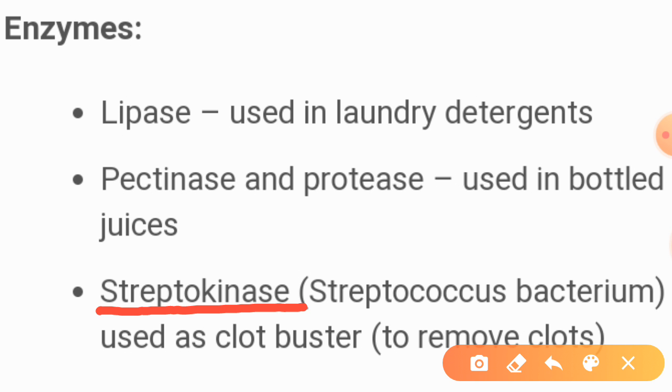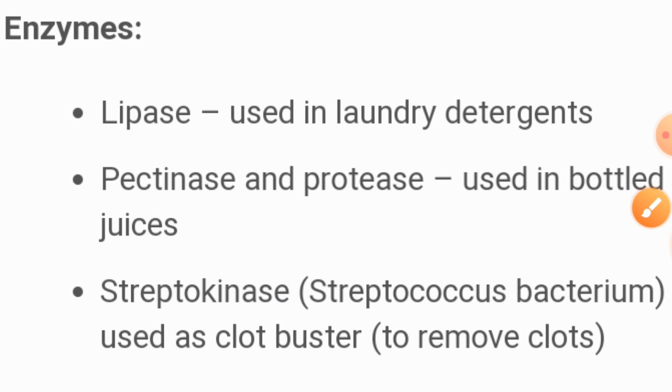So we have to use this streptokinase enzyme to break those clots in the blood vessels of any patient. It is always helpful for myocardial infarction patients. So streptokinase is a very important enzyme. Sometimes these enzymes can be asked in question papers, so you must try to learn their functions and their names also.